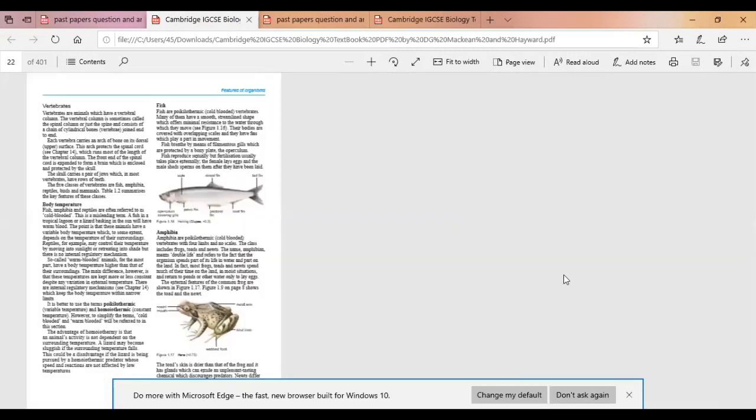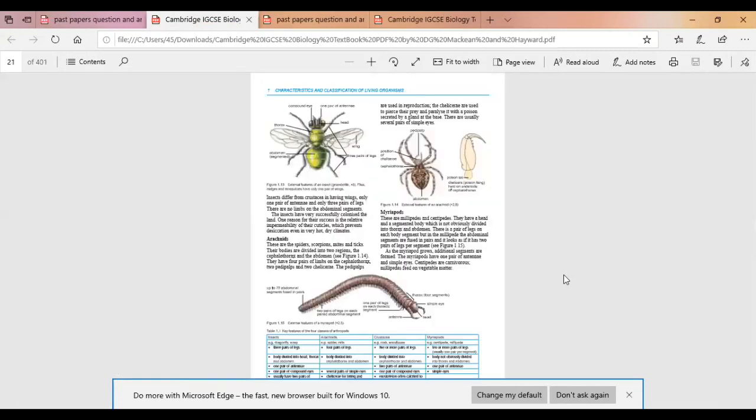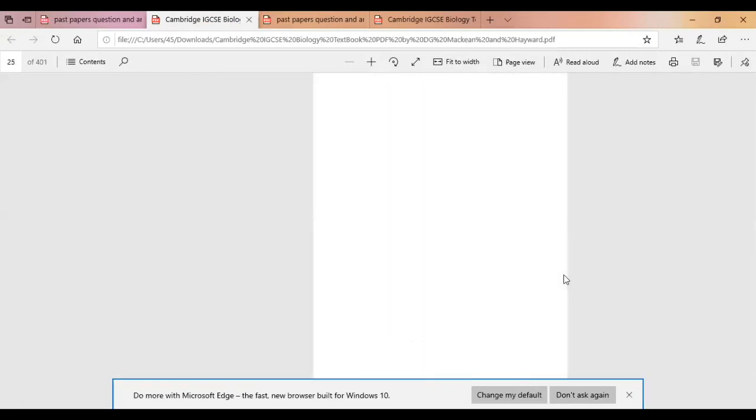If you remember the units and the divisions, that's about units and divisions. We have it in chapter 1, if you want to remember.